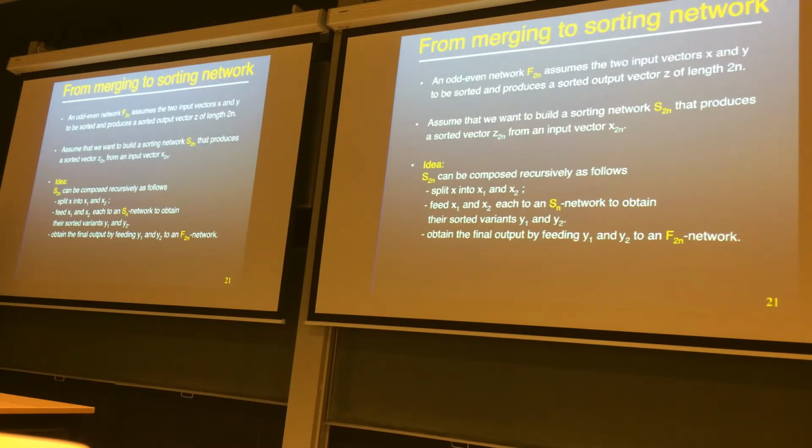Output will be two sorted vectors, y1 and y2. Okay. These are sorted vectors. Now, you only need an F2n network to produce from y1 and y2 a sorted complete vector. And that's your complete network S2n.